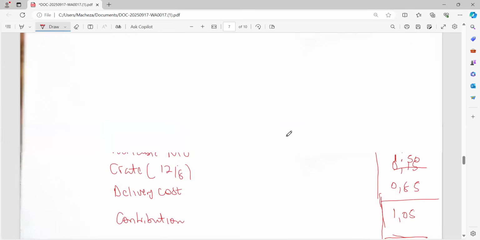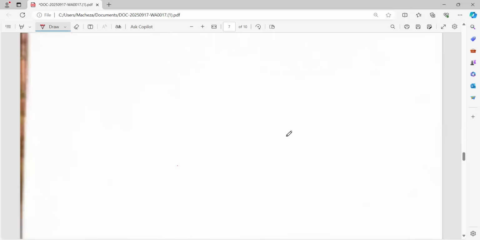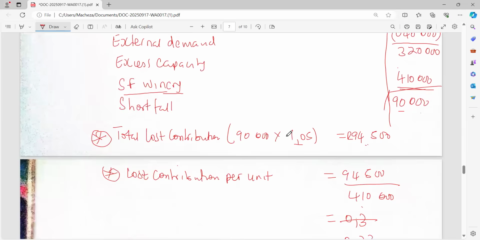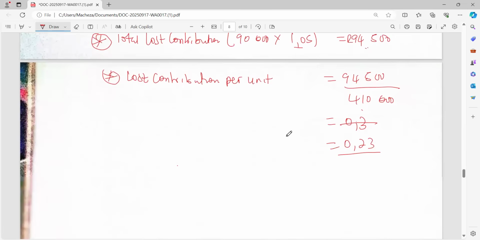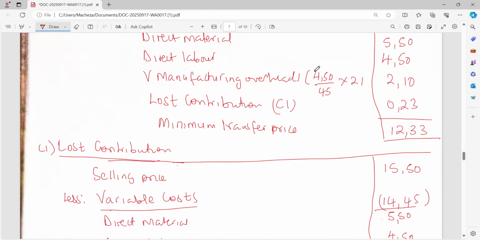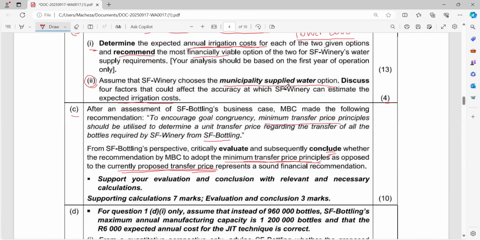Right? So here we are done with the minimum. We're still not done with the whole question. Remember, we want to compare. This is our minimum transfer price. Then the next thing that we want now is, remember, we want to compare.